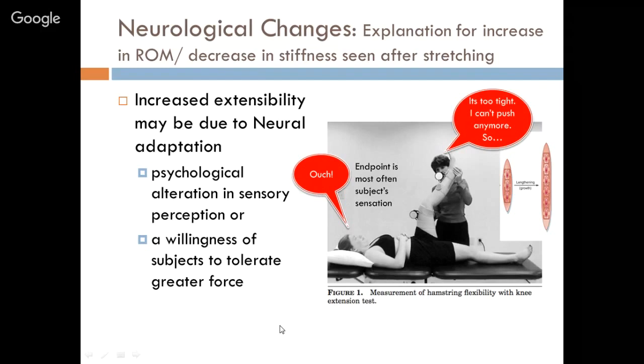And this also explains to a greater extent the long-term change, even though clinically we don't see much long-term change. The changes are explained by neurological adaptation.